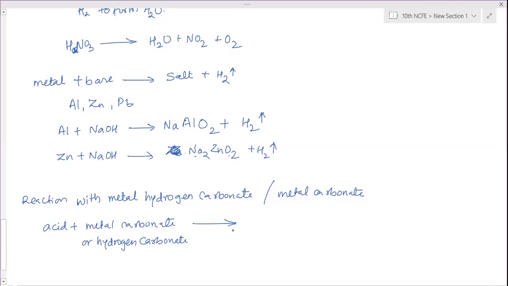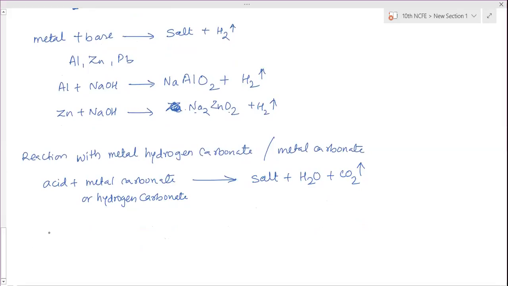What will it form? Salt plus water plus carbon dioxide is formed.